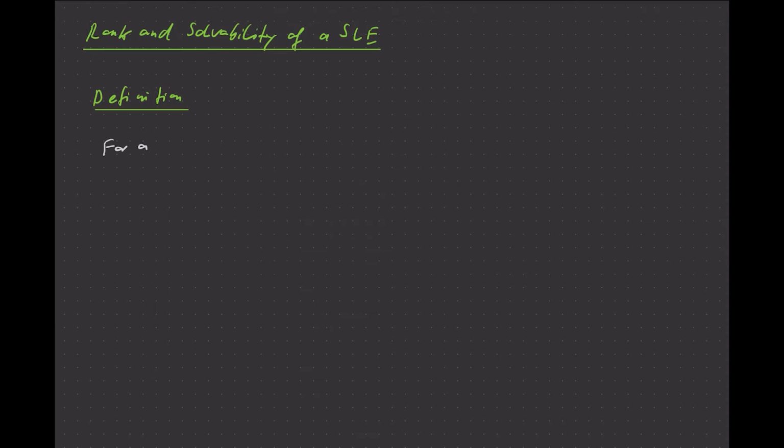So, for a system of linear equations in Tableau form, that Tableau is of the form where we have the coefficients A, and we have a right-hand side that we call B. Let R be the number of pivot elements in its echelon form.